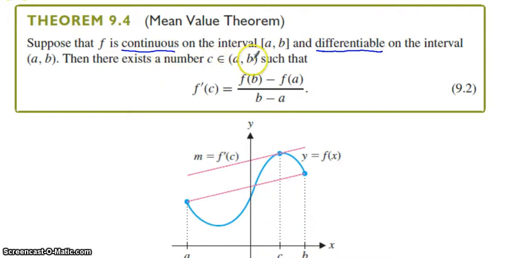The question said c had to be between 2 and 5, so 2 and 5 would be serving like our a and b, such that f prime of that c value equals the slope of the secant line connecting the endpoints of that interval.